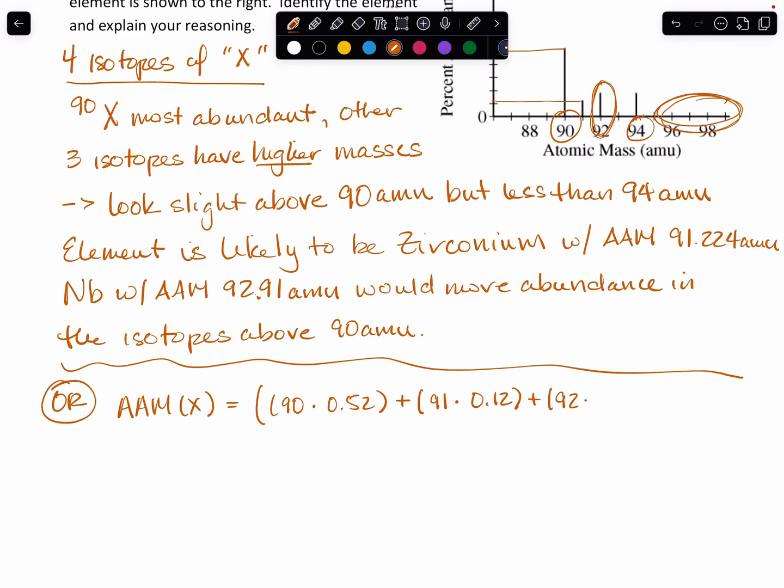A mass number of 92 is probably around 19%. And then my last one, a mass number of 94, that's really close, a little less than what I just did, so probably 0.17%. These are my abundances and my mass numbers based on my chart.